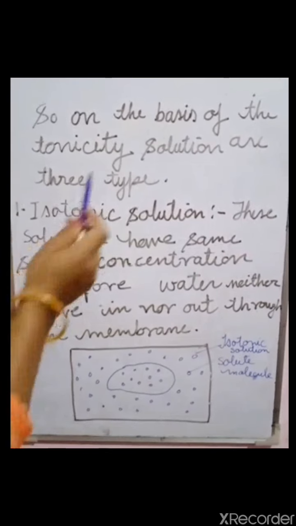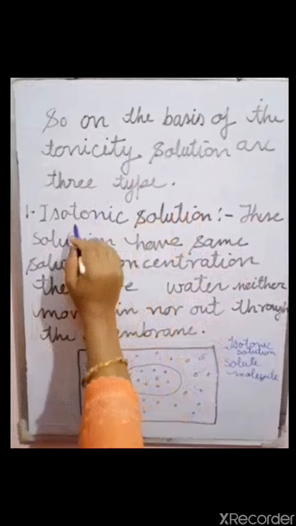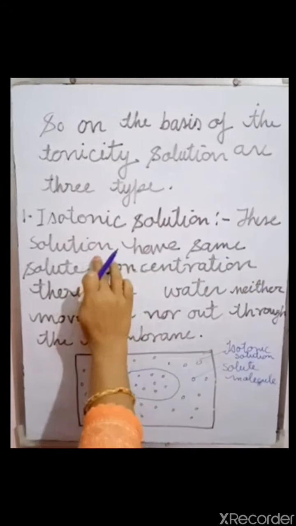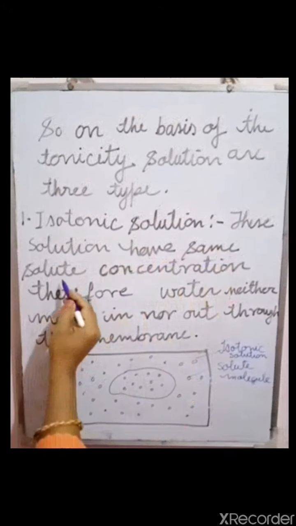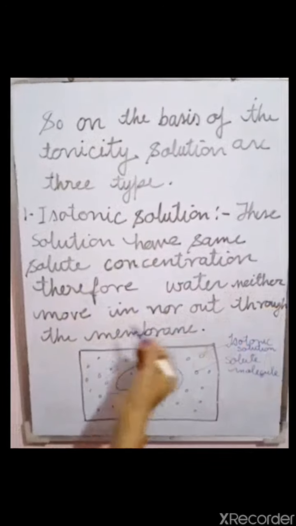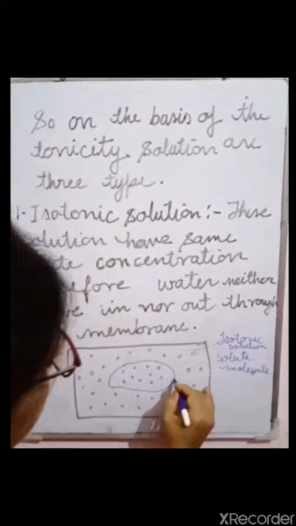So, on the basis of tonicity, solutions are of three types. First is the isotonic solution. These solutions have the same solute concentration, therefore water neither moves in nor out through the plasma membrane.